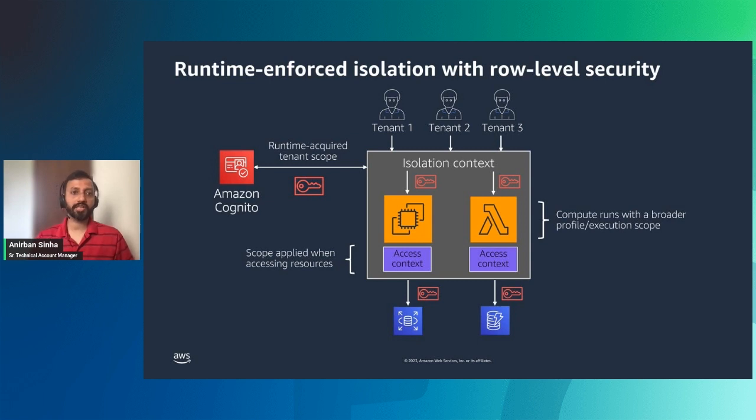So our code sends a request to the database authorization and gets the credentials back and accesses the piece of data it is supposed to access or is allowed to access, and that's how we scope our access. So runtime enforcement of isolation really comes in the scenario where you are doing item level isolation. So let's review a sample ABAC policy with a session tag, how ABAC can help you do tenant isolation at an item level.